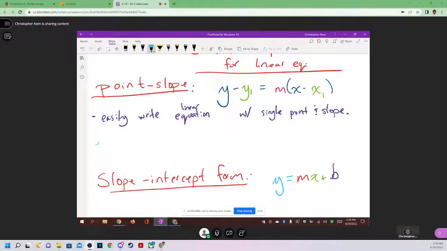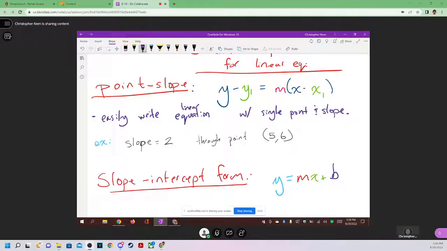Example: let's say the slope is equal to 2, and the line passes through the point (5, 6). I have a slope of 2 and my line passes through the point 5, 6.